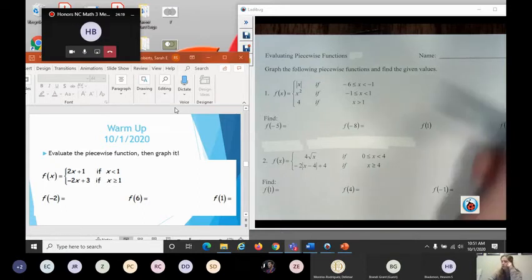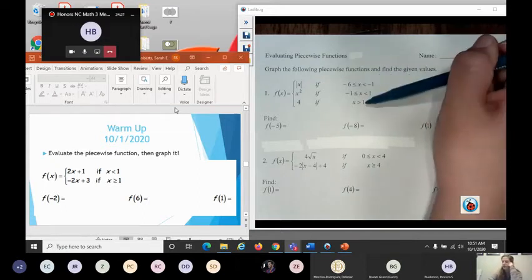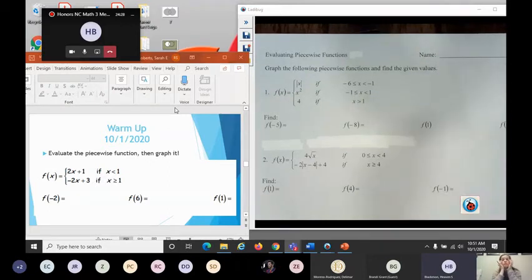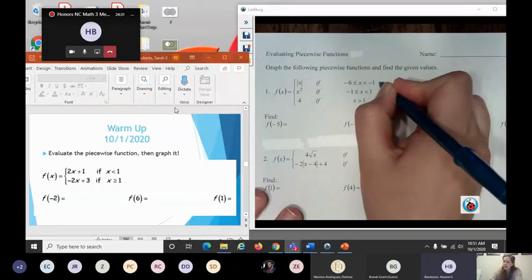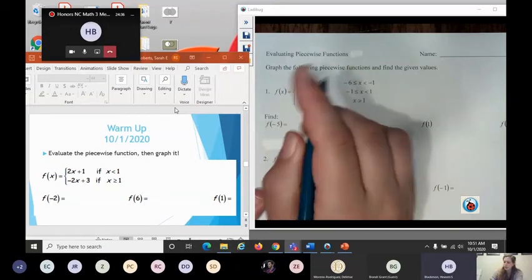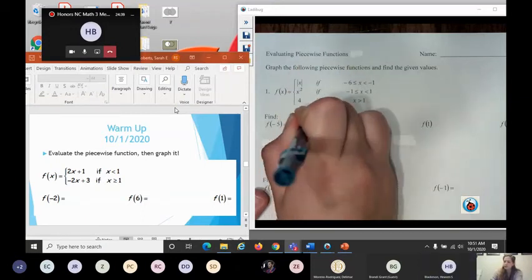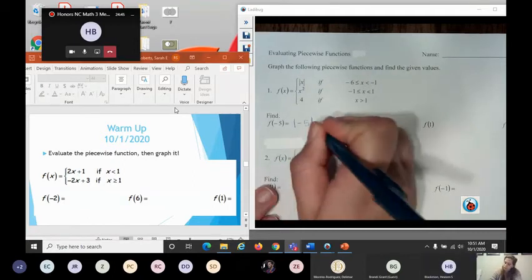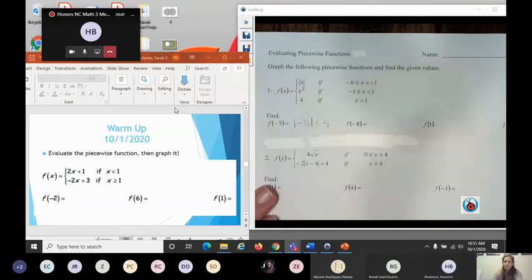Between -6 and -1, between -1 and 1, or bigger than 1? The first one, -6. Yeah. So it's going to be in this domain, which means we stick it in this function. What is the absolute value of -5? 5. And we're done. That's all it's asking.